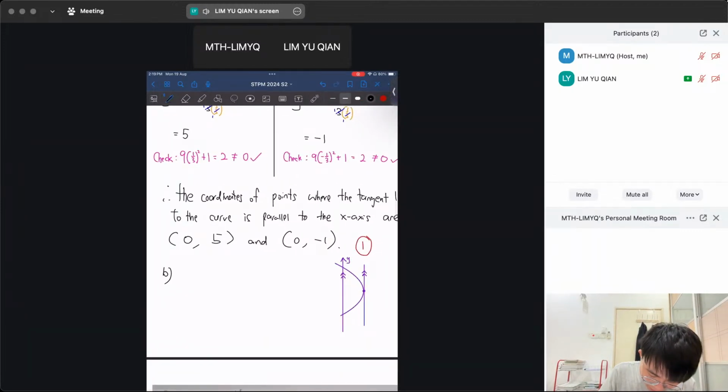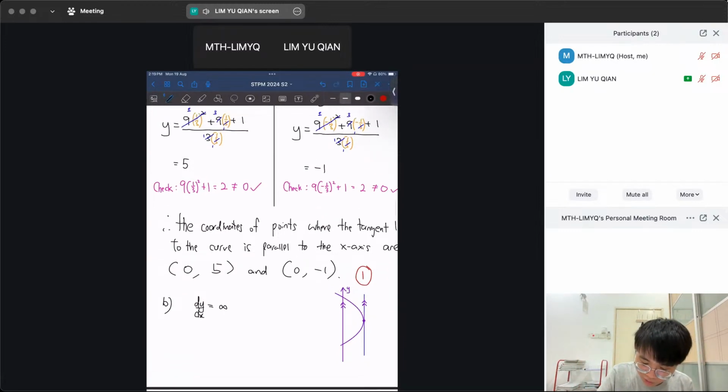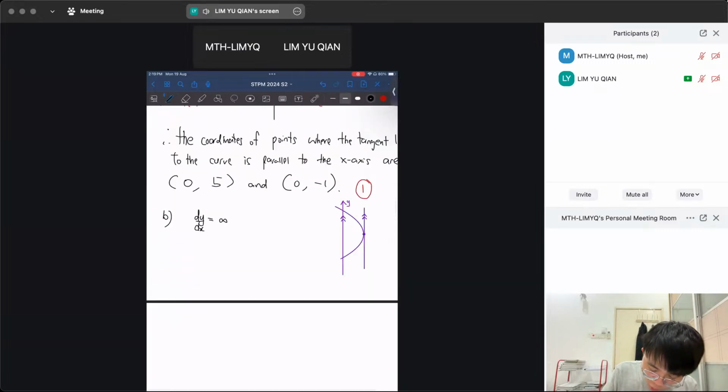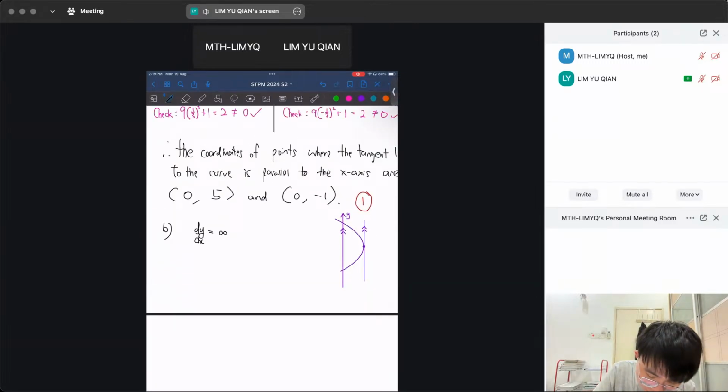But normally we don't really write infinity. If you want to write it for notation, that's okay. Or the denominator equal to 0. So if you tell what is your dy/dx, 9t squared minus 1 over 9t squared plus 1.